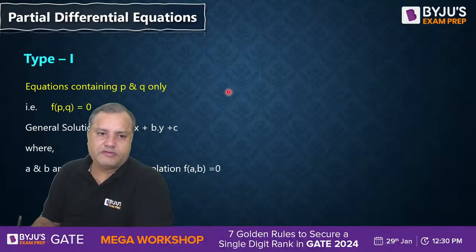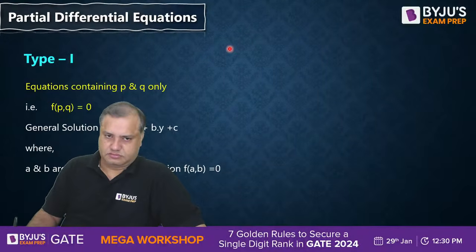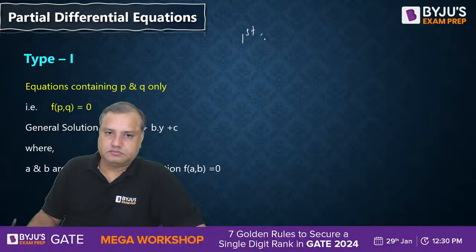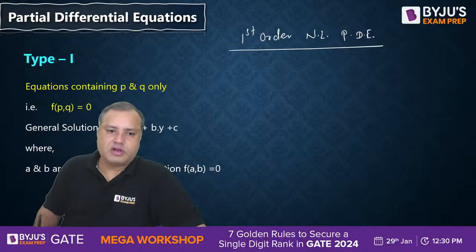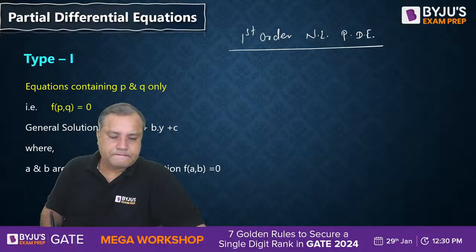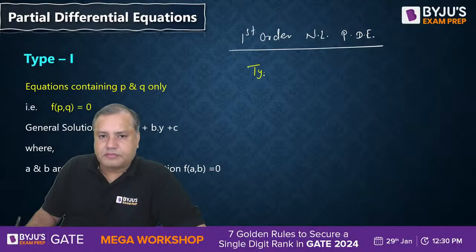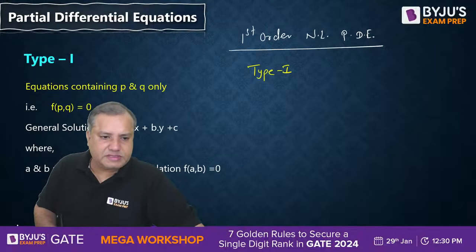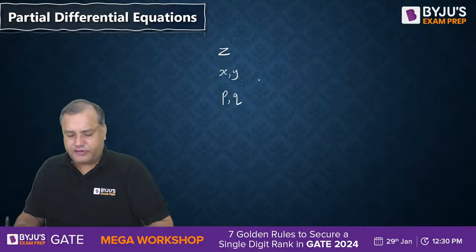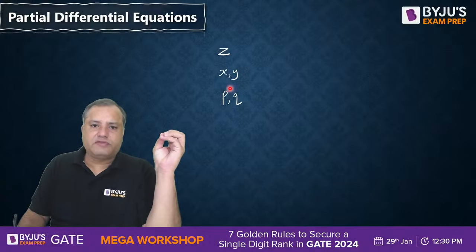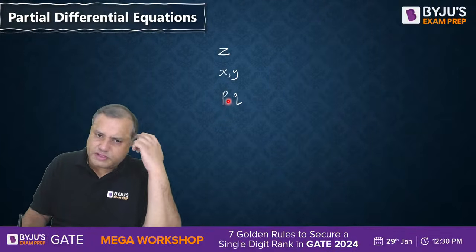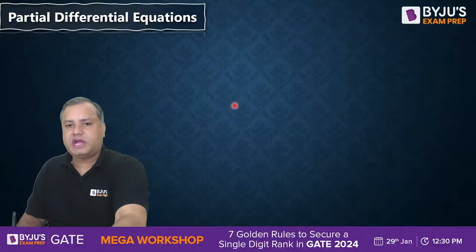When we talk about type 1, first order non-linear P.D.E, out of these 5 parameters, the equation is containing only p and q.